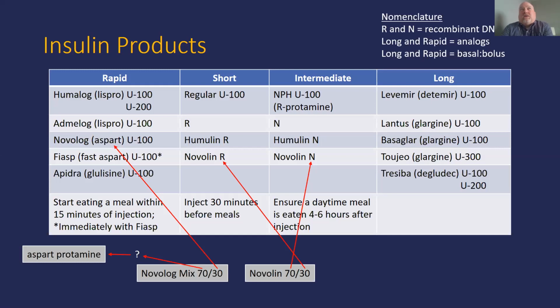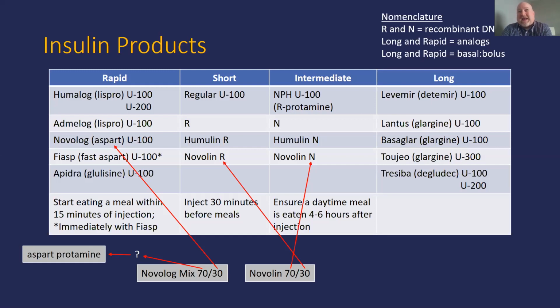Now, would this behave the same way as NPH does? You know, it really wouldn't. Regular insulin and aspart insulin, or any rapid, their curves don't look the same. The rapid acting is much shorter. It peaks really quickly and it doesn't hang around very long.